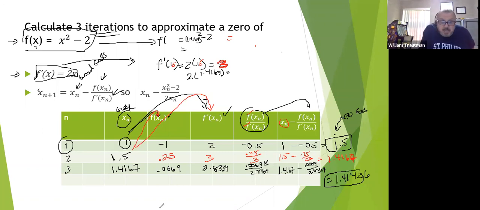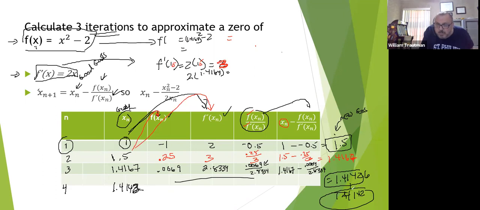If I did a 4th iteration, I'd have to put 1.4142 here. If you do the iteration and you end up with 1.4142 again, that's when you know you've done as many iterations as you possibly can, because you're always going to get the same answer then.